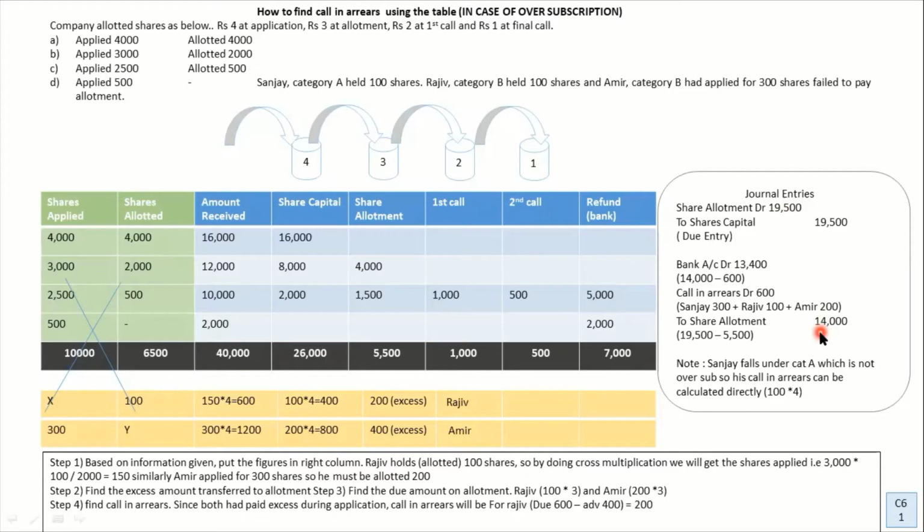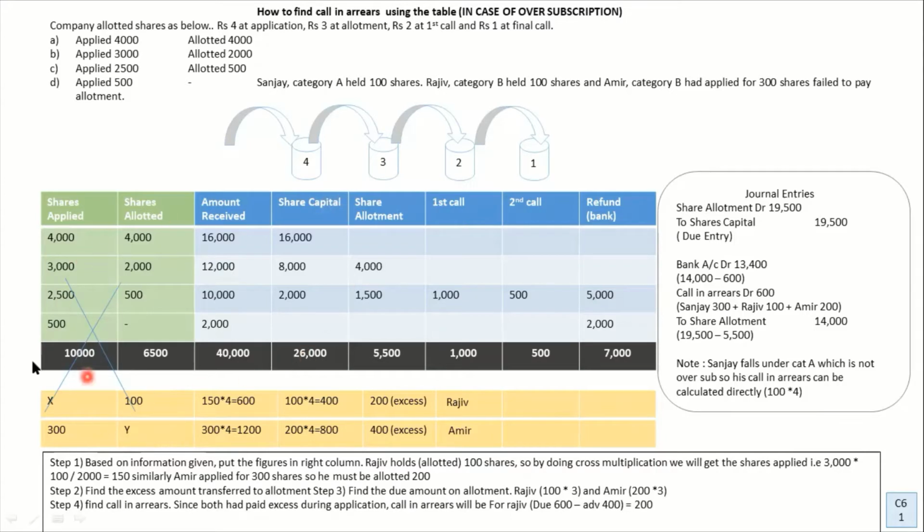Call in arrears, just now we found out for Sanjay, Rajiv and Amir. So I wrote 600. So 14,000 minus 600 is the amount which will come in my bank, that is 13,400. This is how the table helps you to find the call in arrears. If the table is not done in the school, probably teachers will give you some formulas to do. At times the formulas are quite confusing because the same formulas are used for this and this, except that the denominators and numerators keep on changing.